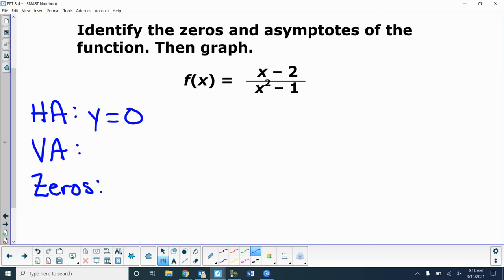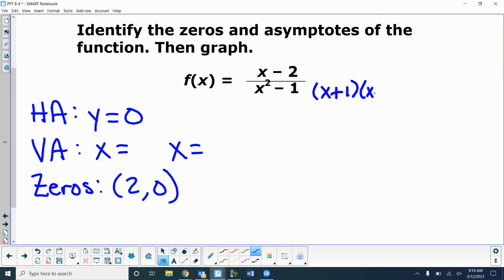What's the vertical asymptote? There's 2 of them. Why is there 2 of them? Can I factor that like that? Yeah. So what are they? 1 and -1.